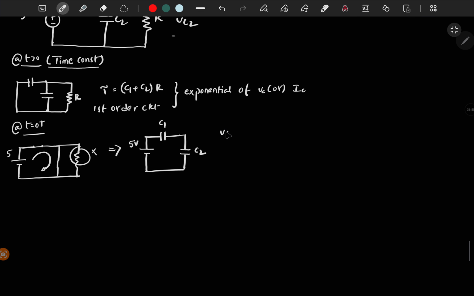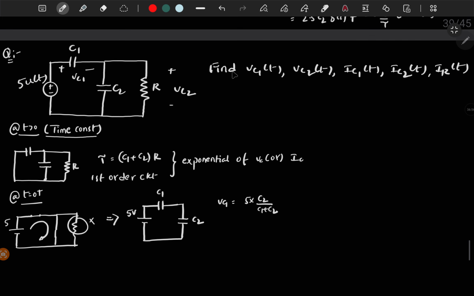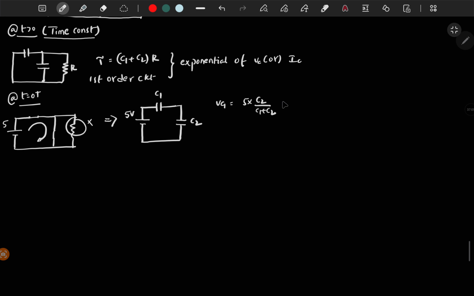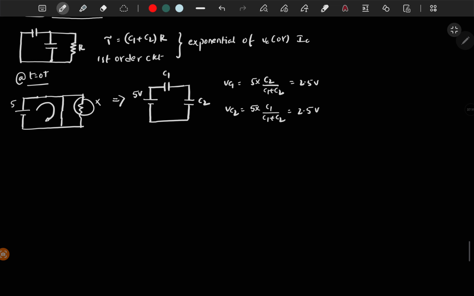So VC1 is 5 times C2 by C1 plus C2. Again you can assume C1 is equal to C2, so you will get 2.5 volt, and similarly VC2 you will get 2.5 volt, because C1 is equal to C2. So that is at t equal to 0 plus.